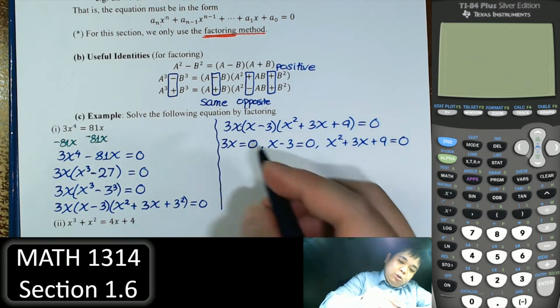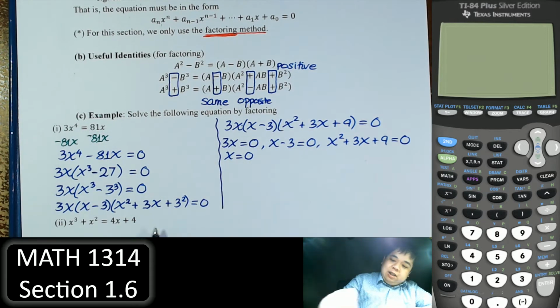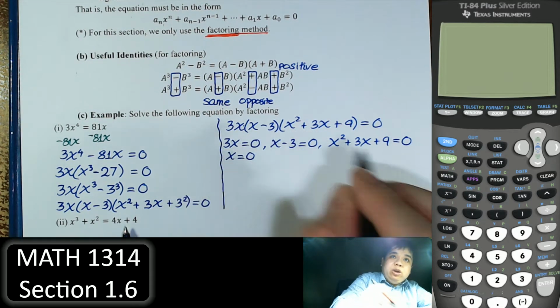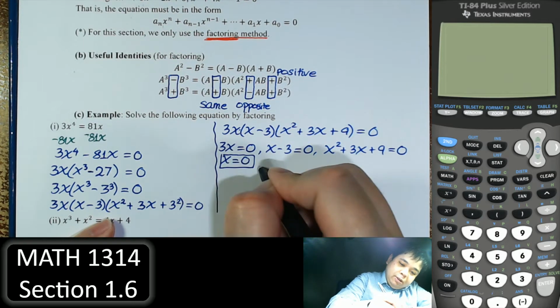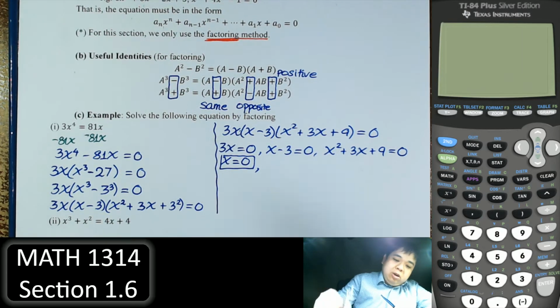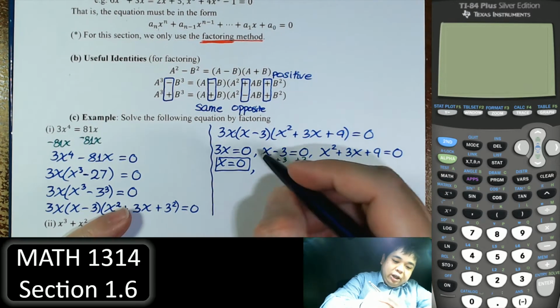So 3x equals 0, so x equals 0, dividing by 3 on both sides. That's one of them. And then here, plus 3 on both sides, we get x equal to 3.